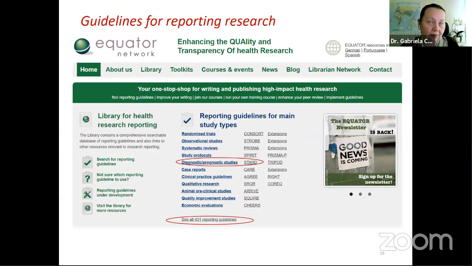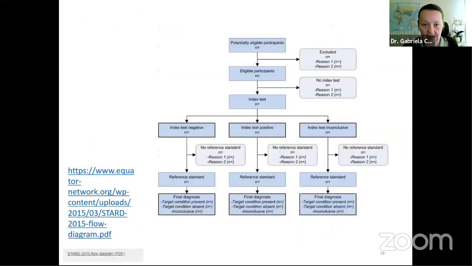But these papers that are being published, they are not yet incorporated into these guidelines, but it's probably just a matter of time. And I will stop here.